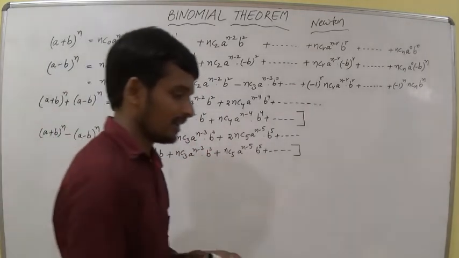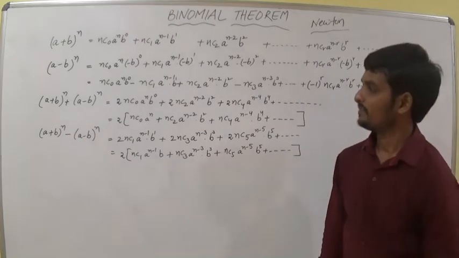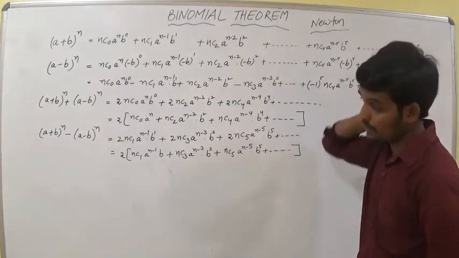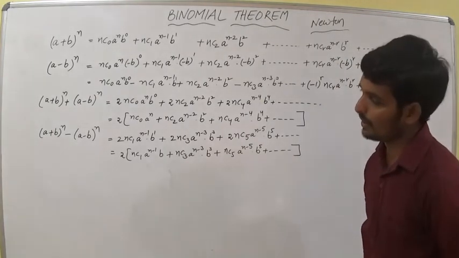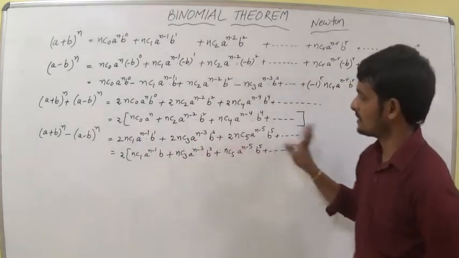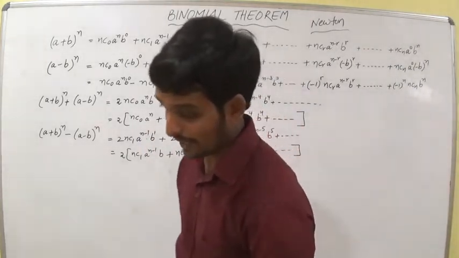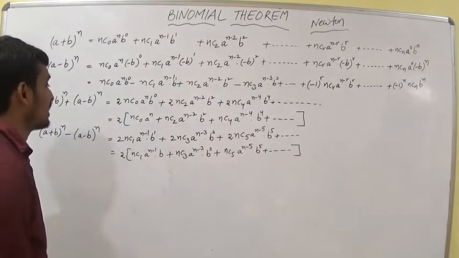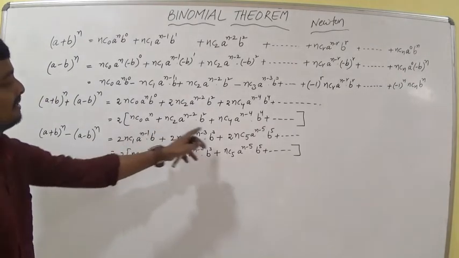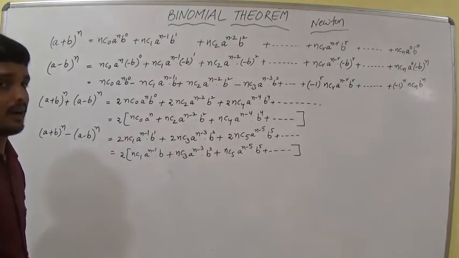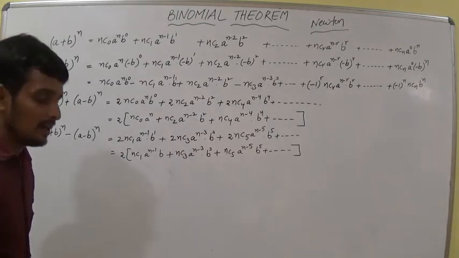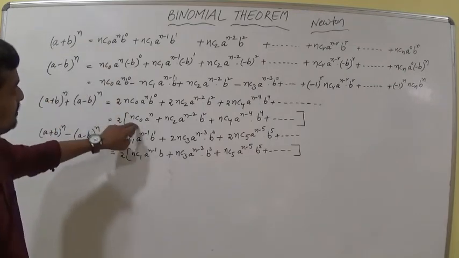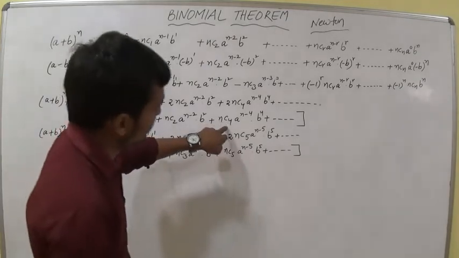So we have learnt three things. First of all, (a minus b) whole power n. From that, (a plus b) whole power n plus (a minus b) whole power n, we are getting this answer. If you add (a plus b) whole power n and (a minus b) whole power n, we are getting the terms with odd positions: the first term, third term, fifth term, seventh term.